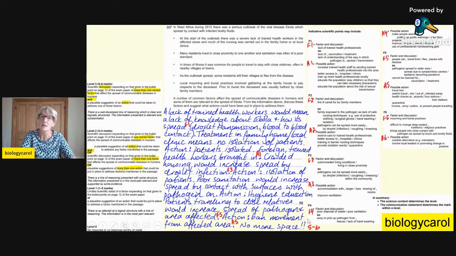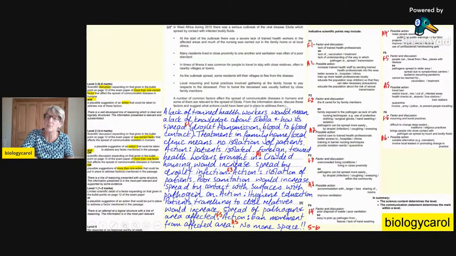But hopefully that has helped, because I think this is a really tricky one to mark. And notice that if I was in the exam, I would have wanted to have tried to cover as many of those factors as I could, whereas actually you didn't need to cover them all at all.